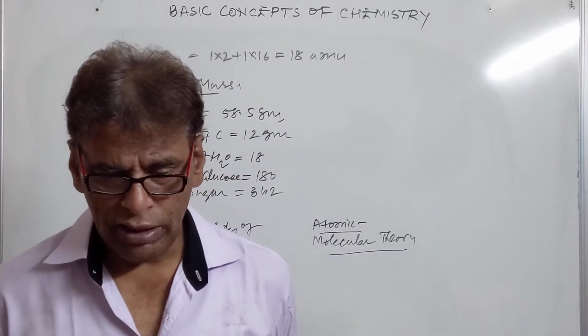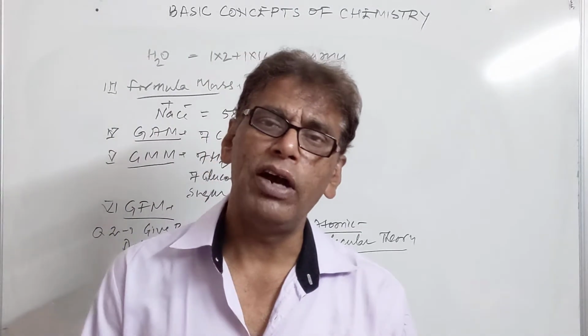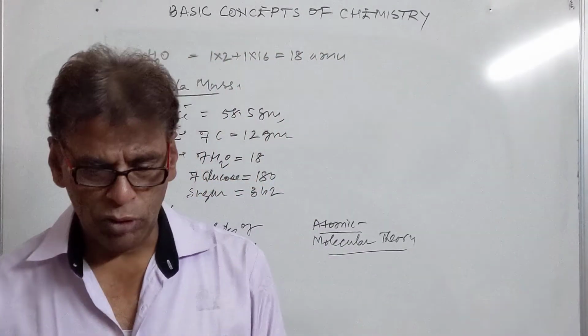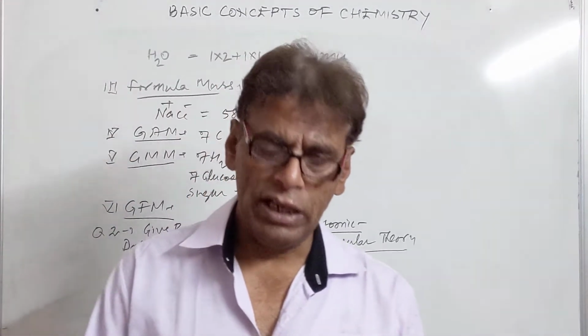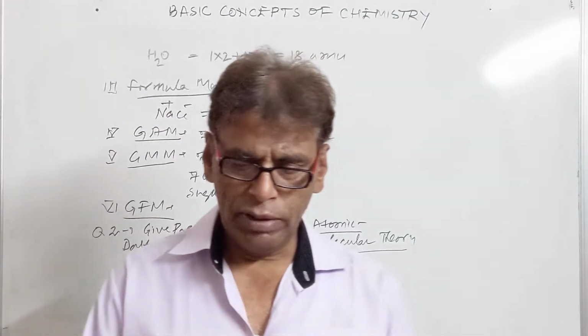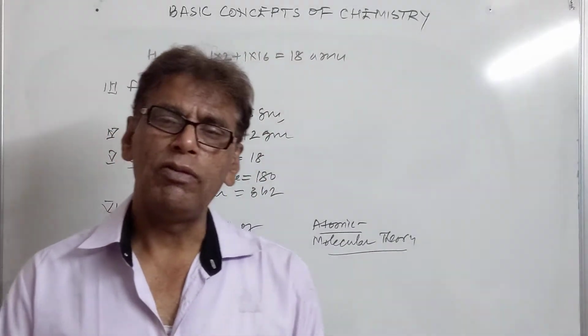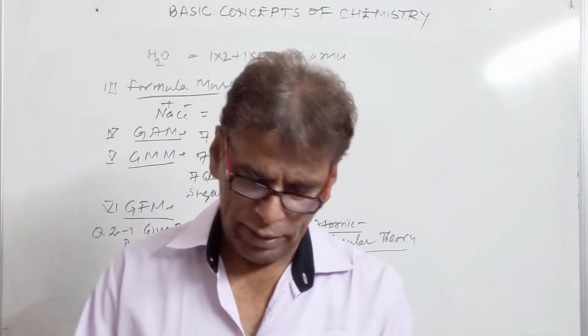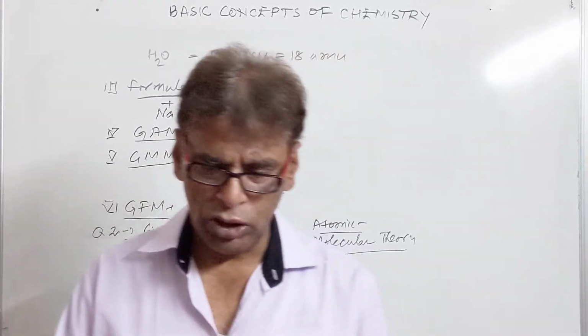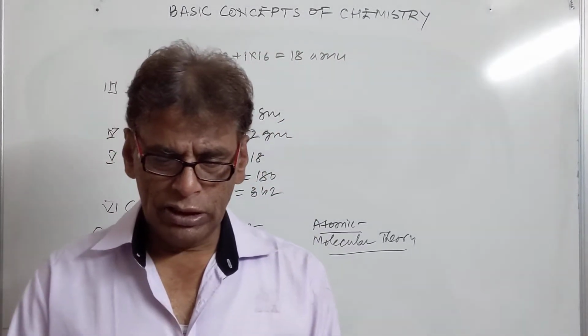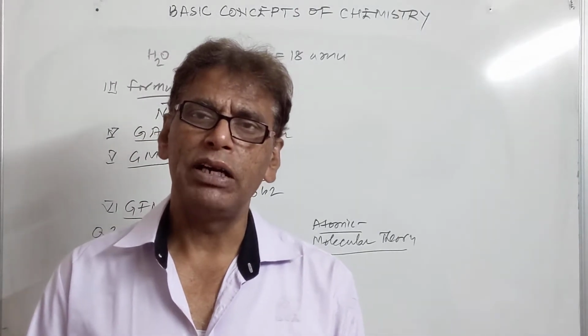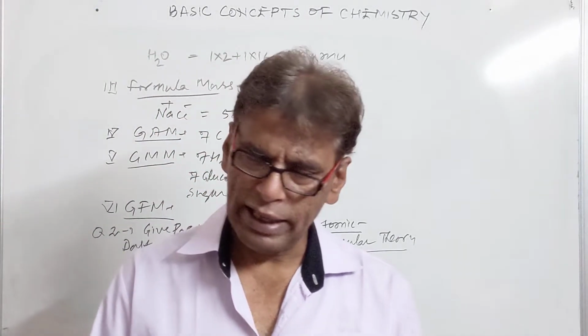Fourth, whenever atoms combine, they give compound atom. Nowadays we call them a molecule, so this will be changed in the atomic molecular theory. Fifth point: atoms combine in terms of whole number ratio. This is correct, kept as such in the modern theory. Atom is the smallest particle which takes part in chemical reaction. This is also correct and kept as such.